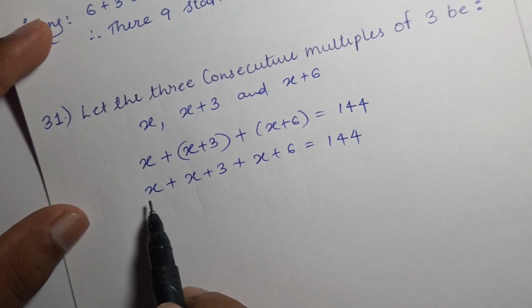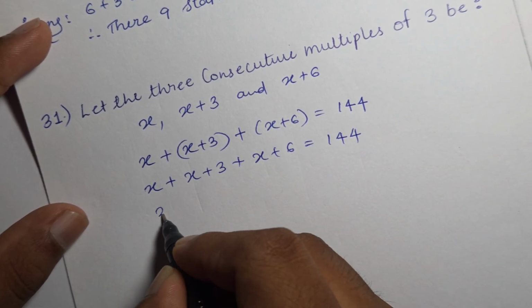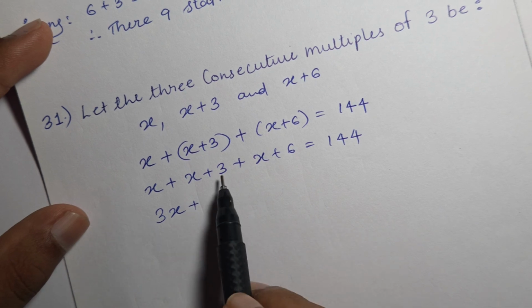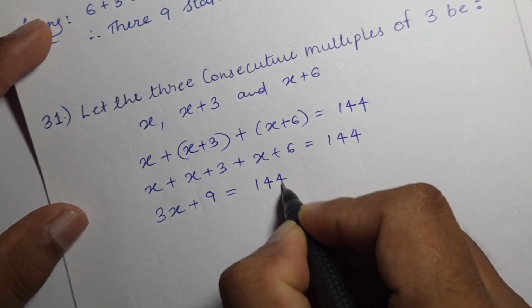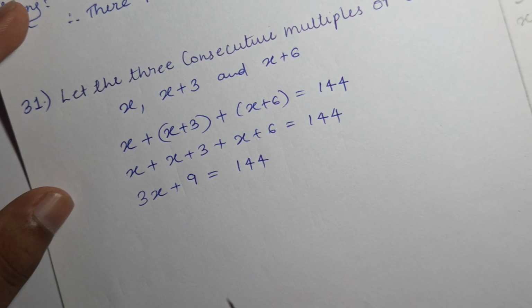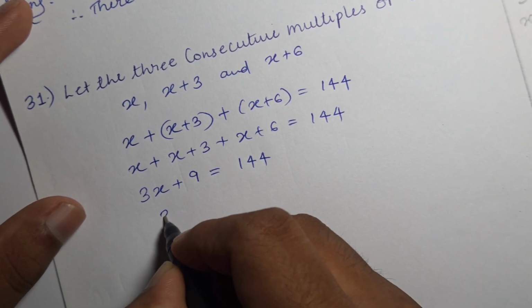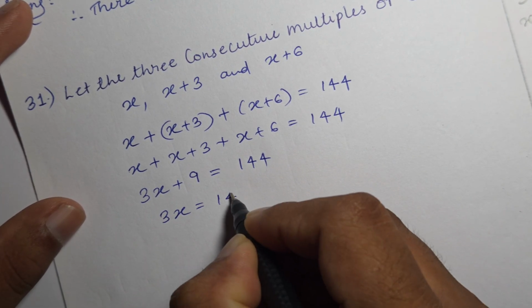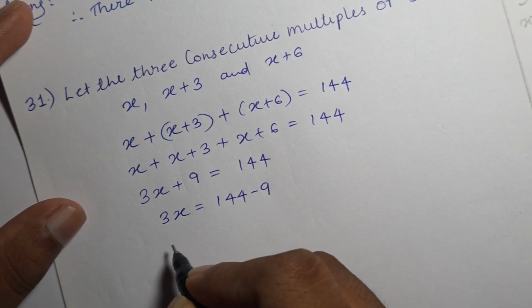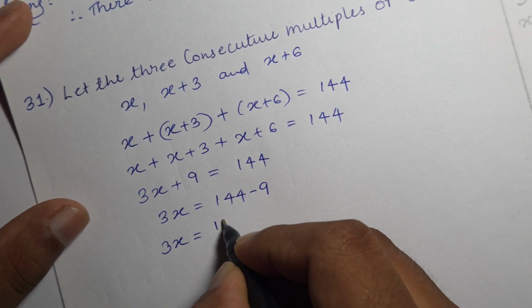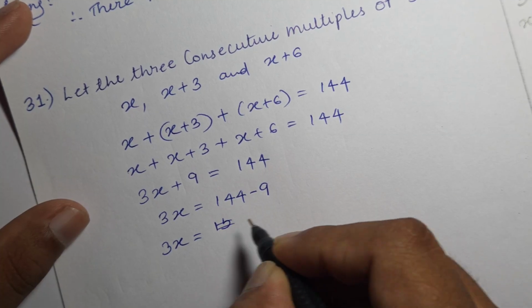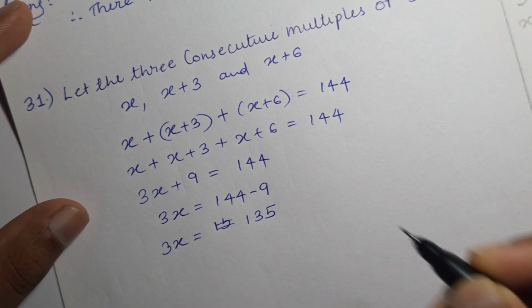If I open the bracket, x plus x plus 3 plus x plus 6 is equal to 144. x plus x plus x is 3x, 3 plus 6 is 9, equal to 144. Now if I take 9 to that side, 3x is equal to 144 minus 9, so 3x is equal to 135.